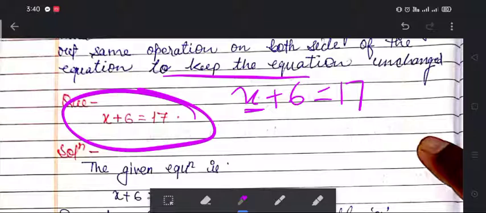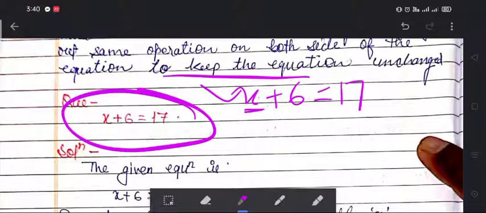In order to separate this variable, we have to observe which quantity is operated with the variable. In this question we can see that 6 is added with the variable x.